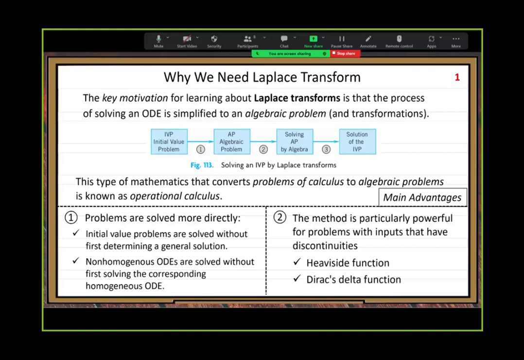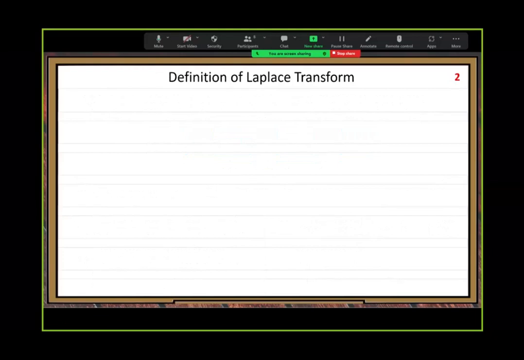So you can see the behavior could be very bad. But this method can still handle functions with very bad behavior as well. So those are some nice properties.